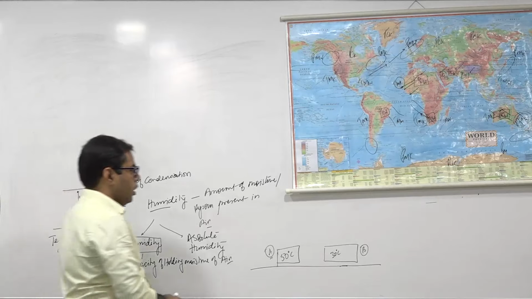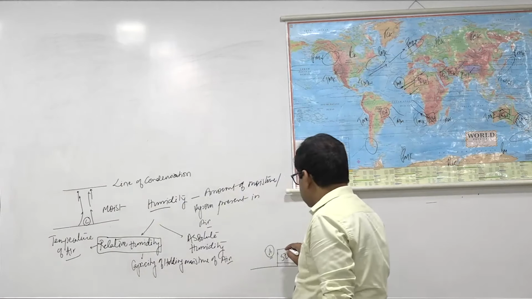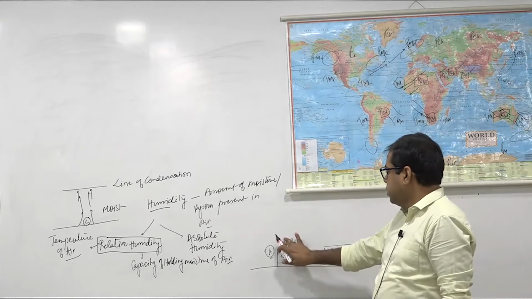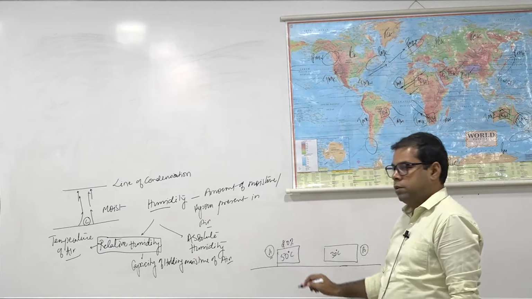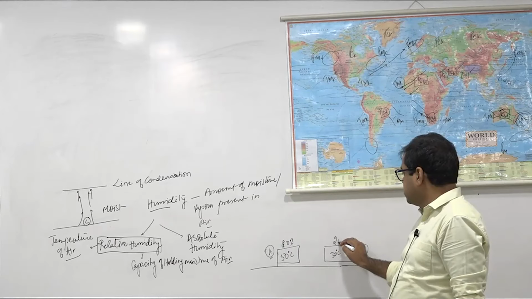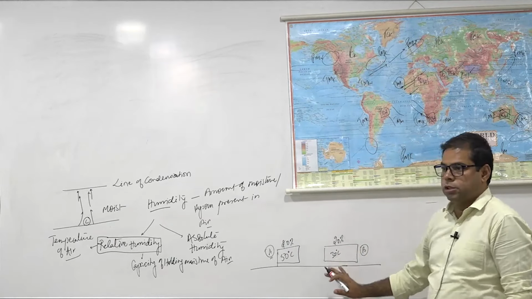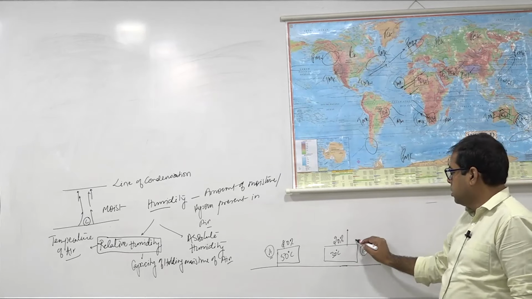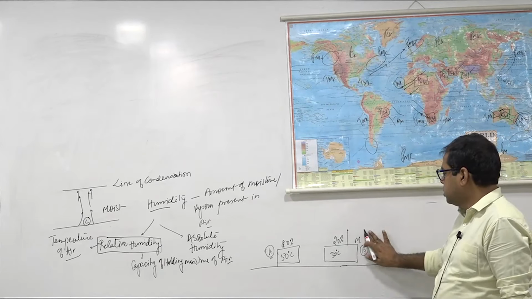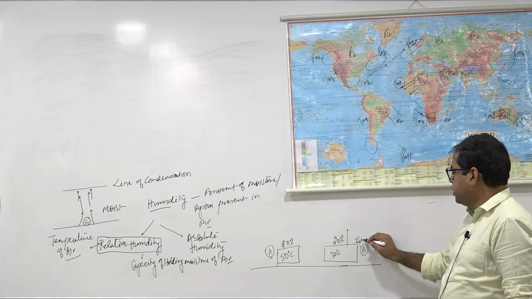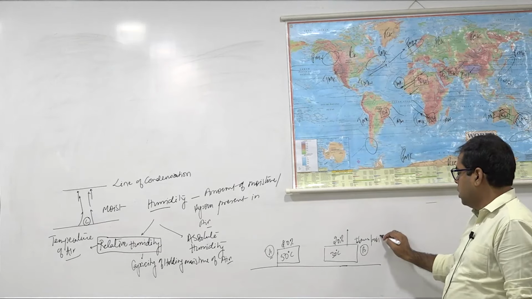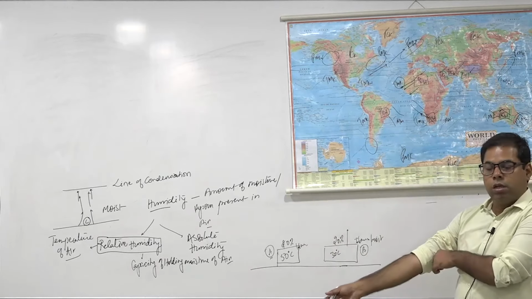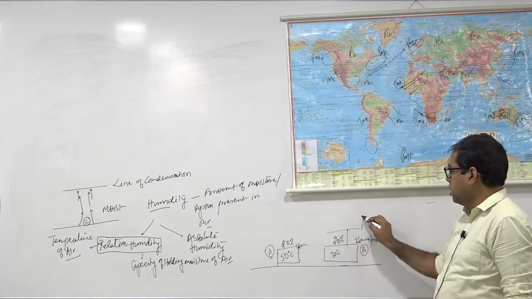For example, in these areas, the air is having only 10% of moisture, but take the example of 20% of moisture of its whole capacity. It will rise up. Both are warm. This is warm and moist, and this is only warm, not moist. So this will rise up in the atmosphere.